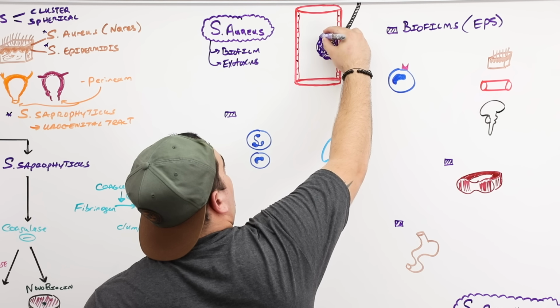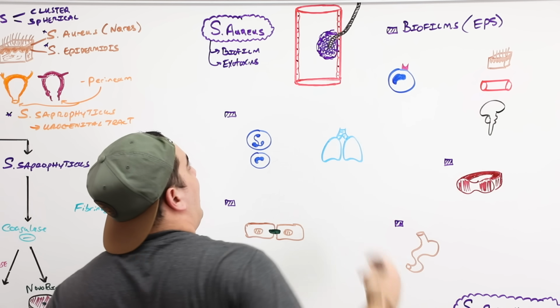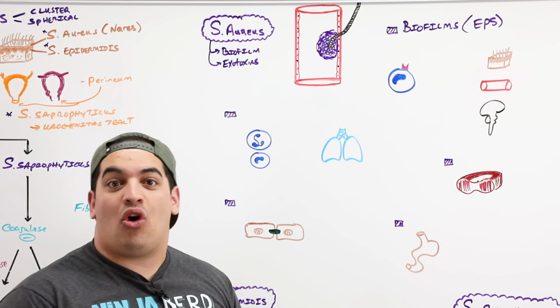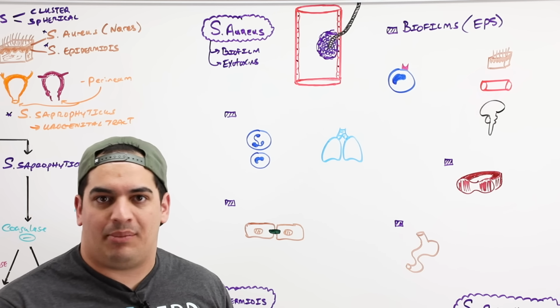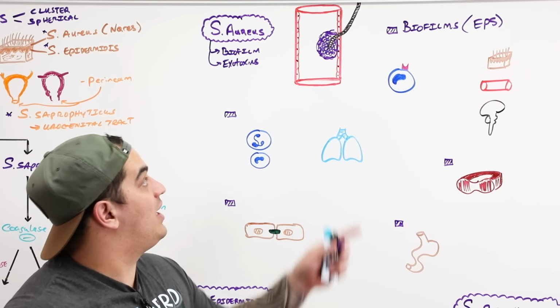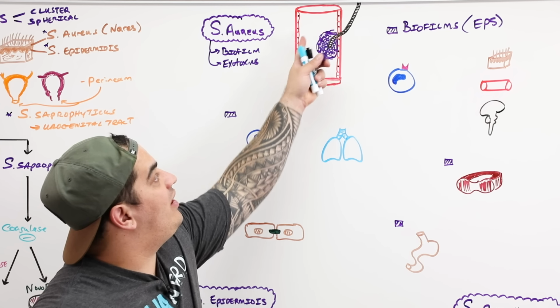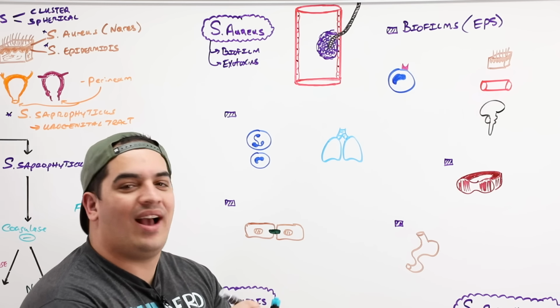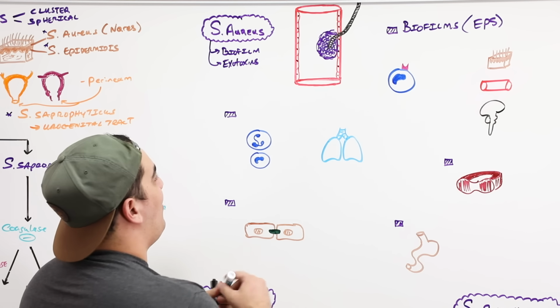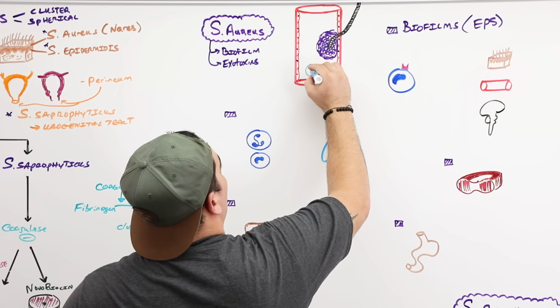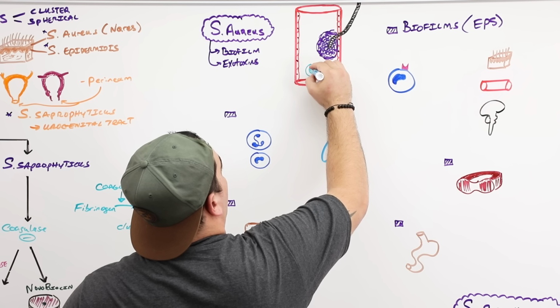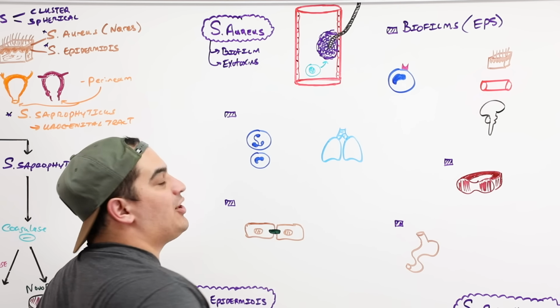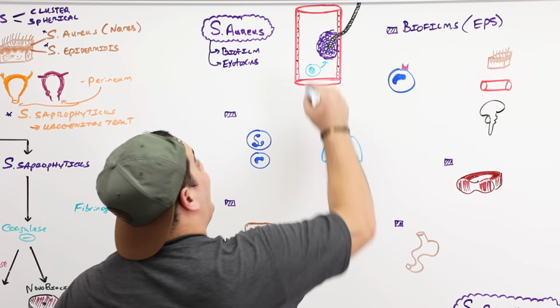You know what's interesting about this? It allows the bacteria to crosstalk with one another, pass on genetic material, pass on cell signaling mechanisms, and they have this really thick polysaccharide covering. Why is that important? Immune system cells may not be able to break through that exopolysaccharide layer.